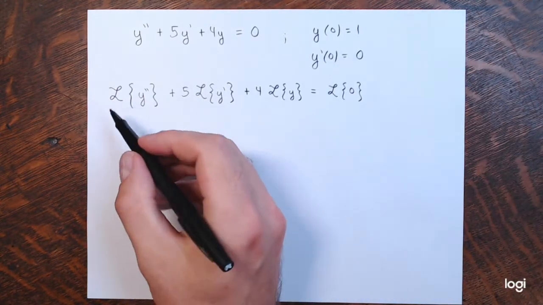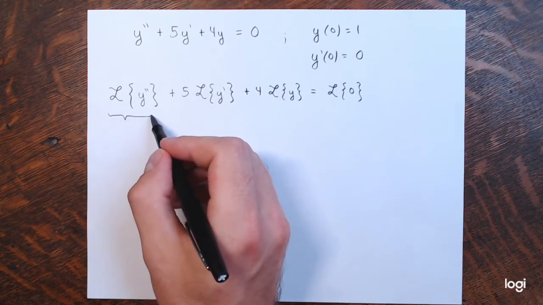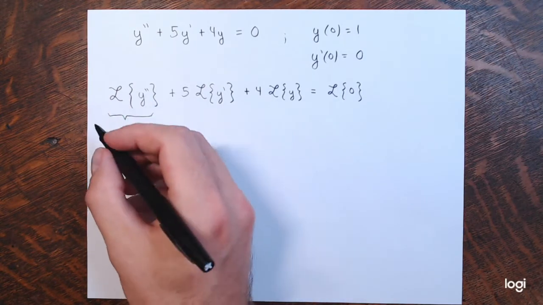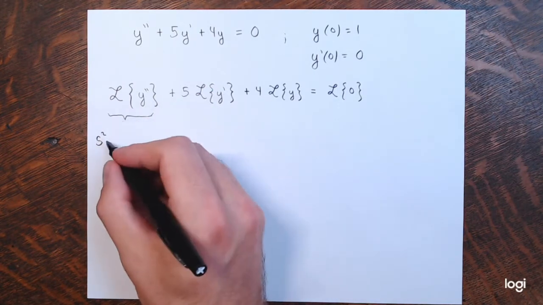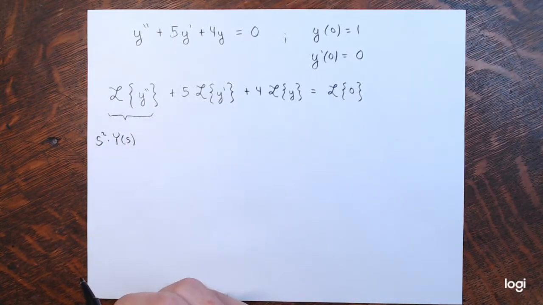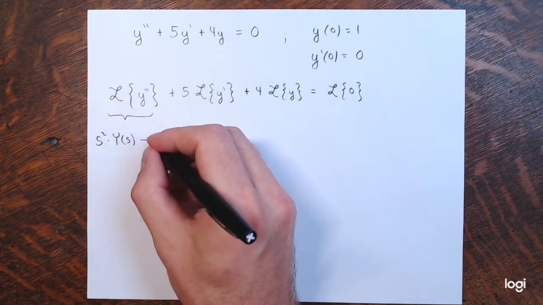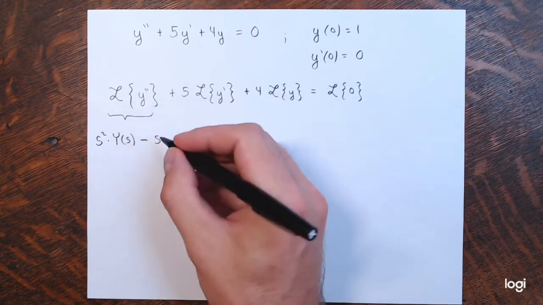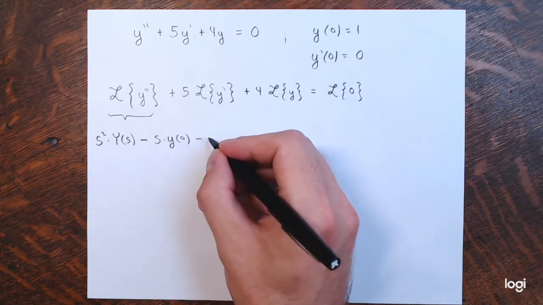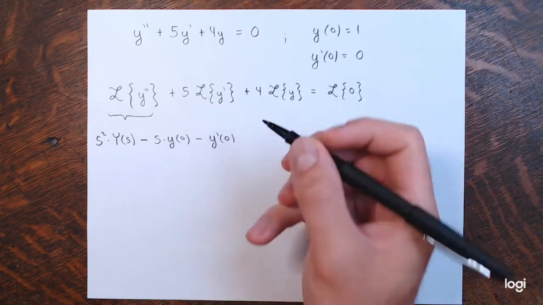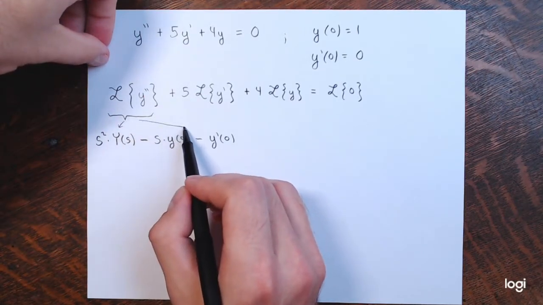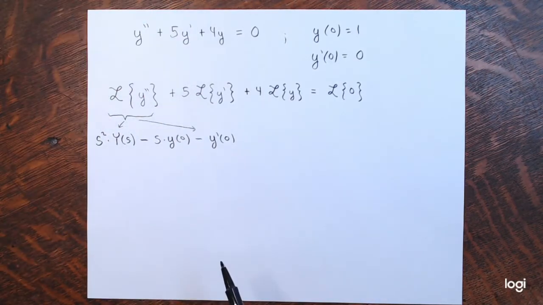Now applying that Laplace transform of derivatives formula, the Laplace transform of the second derivative would be s squared times the Laplace transform of y, which I will call just capital Y of s, minus s to the first times little y of 0, minus y prime at 0. That's the Laplace transform of the second derivative.